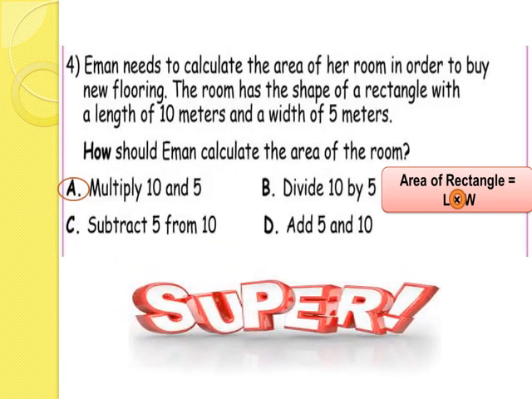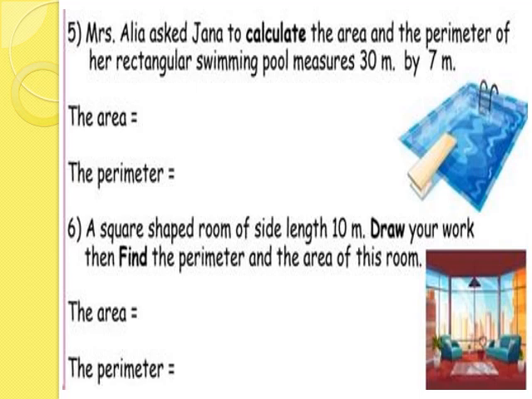Super. Let's solve another example. Mrs. Alia asked Jana to calculate the area and perimeter of her rectangular swimming pool. It measures 30 meters by 7 meters. So the swimming pool has the shape of a rectangle. Its length equals 30 meters and its width 7 meters.